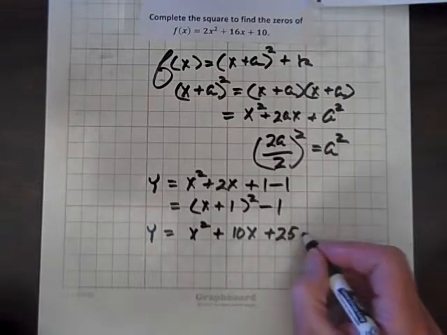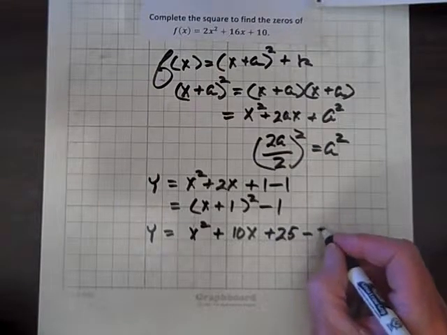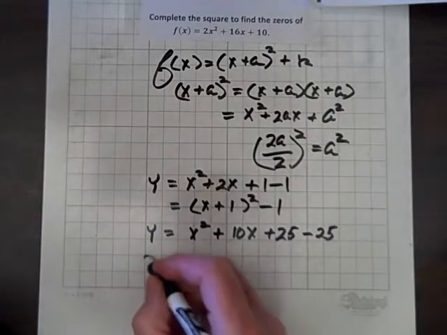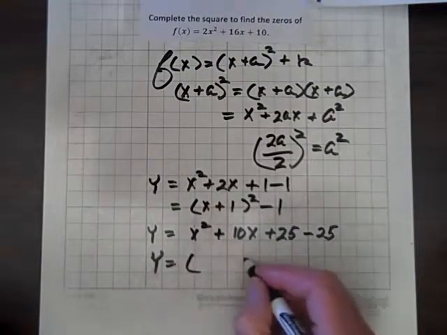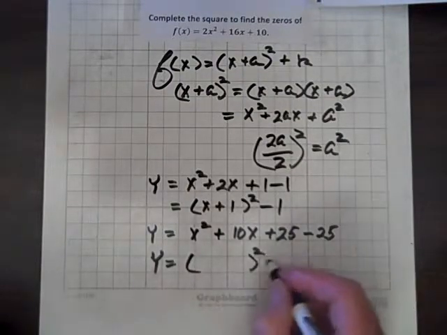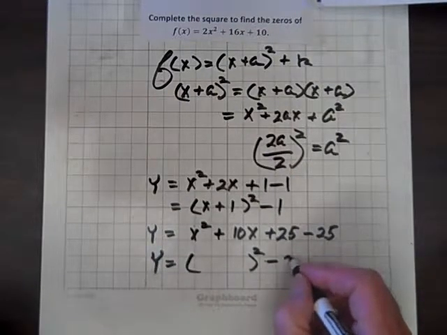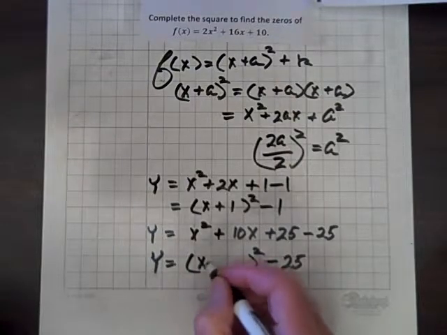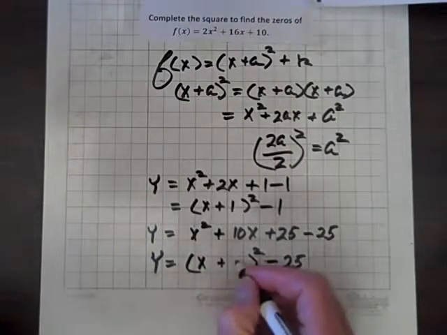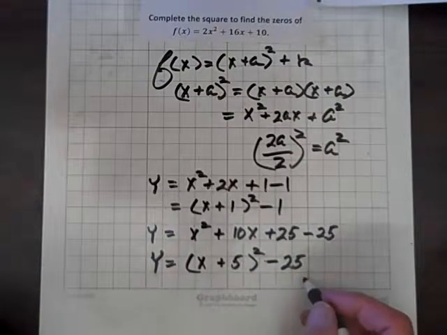But the only thing we can add without violating the equal sign is 0, so we'll subtract 25 also. And now we can rewrite this in terms of a perfect square and a constant. And this is going to be x plus 5 quantity squared. So we have completed the square again.